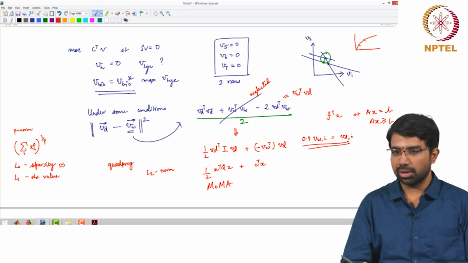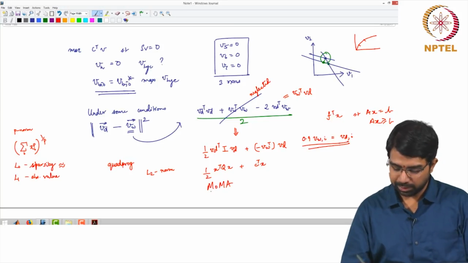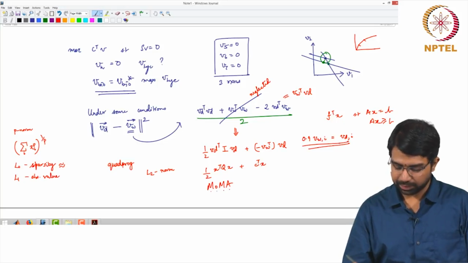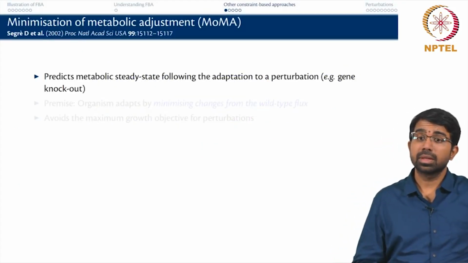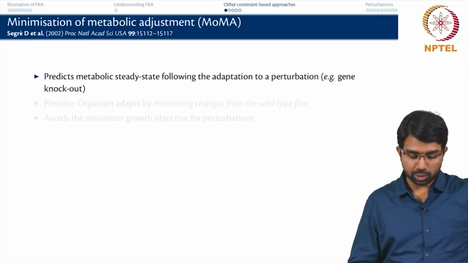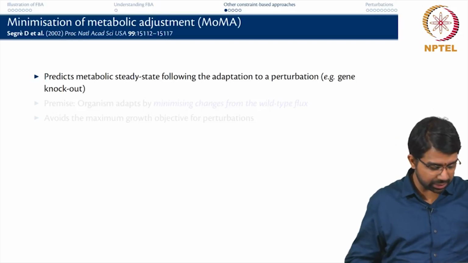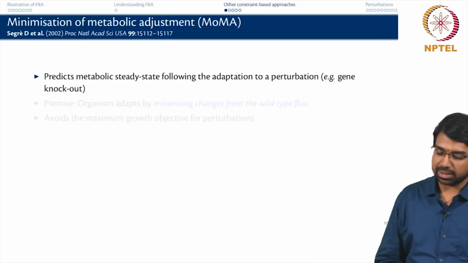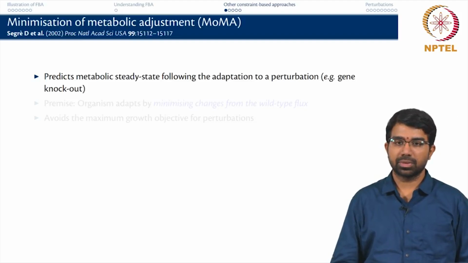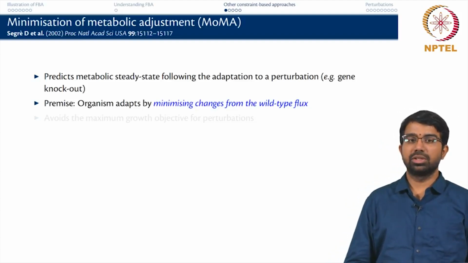minimization of metabolic adjustment. That is L0, not L2. That is L2. That is L2 norm. So the idea is this method is good at predicting metabolic steady state following the adaptation to a perturbation like a gene knockout.